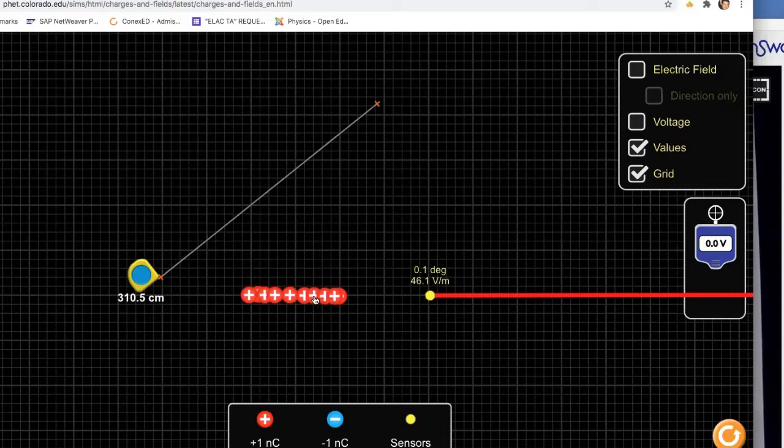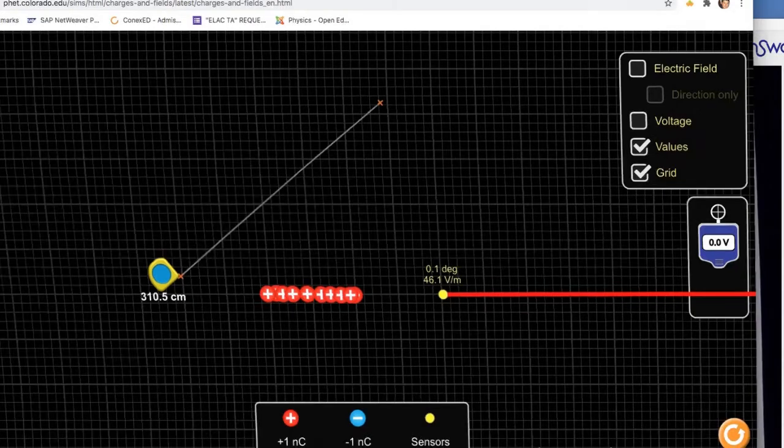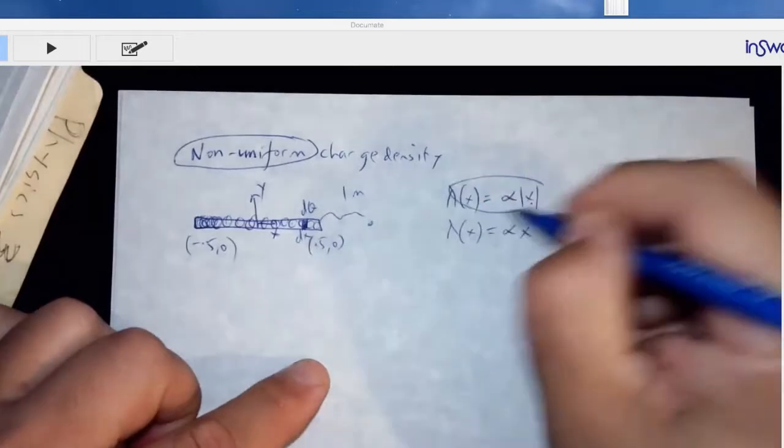But if I wanted to, I could move a bunch more over here and a bunch more over here, and it'd be more square looking. That means this would have 4 times the charge concentration as the middle here. It just depends how you distribute those charges. So I'm going to assume that mine is more linear, and let's see what answer I get.